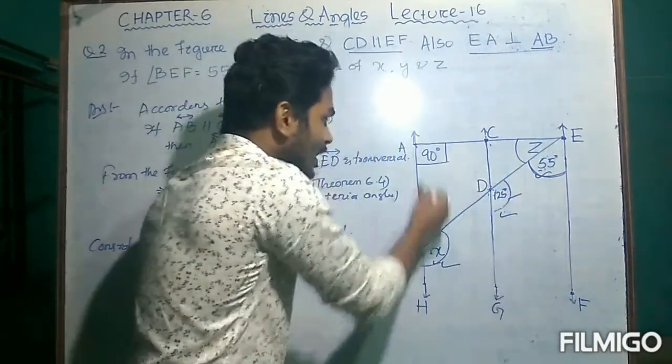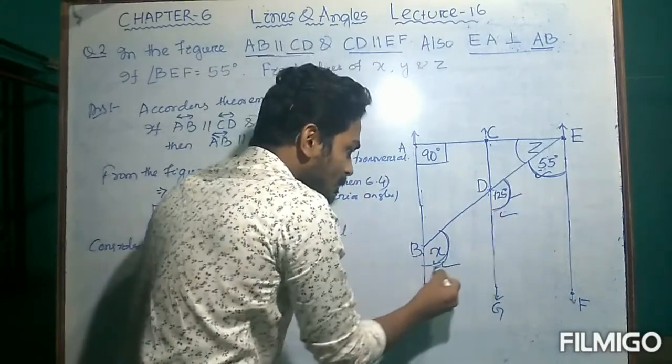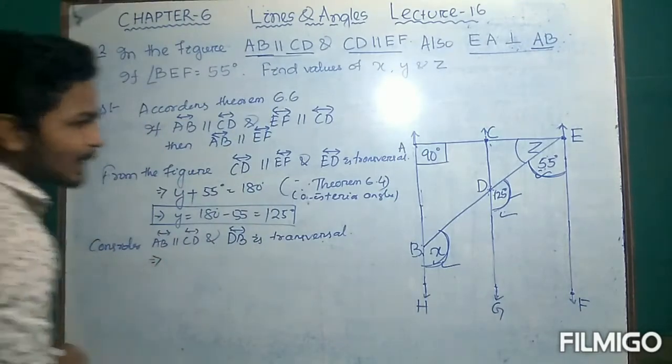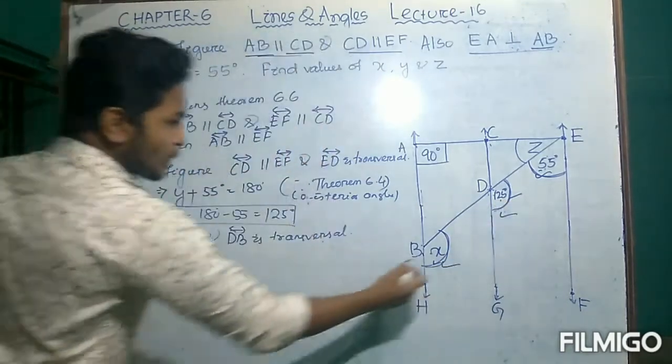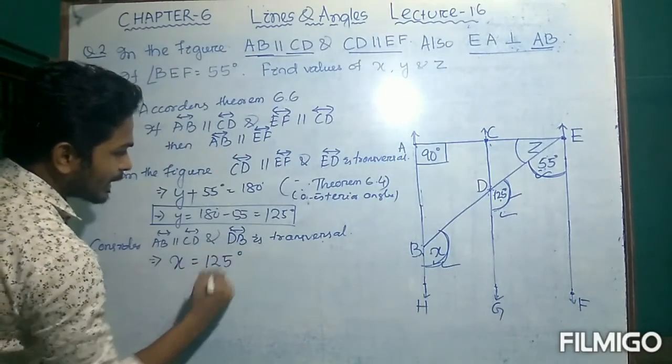Hence you can write, this angle is equal to this angle. So X is equal to 125 degrees.